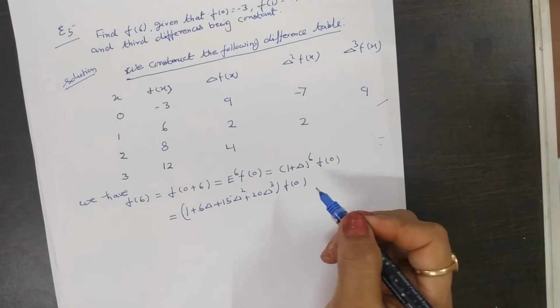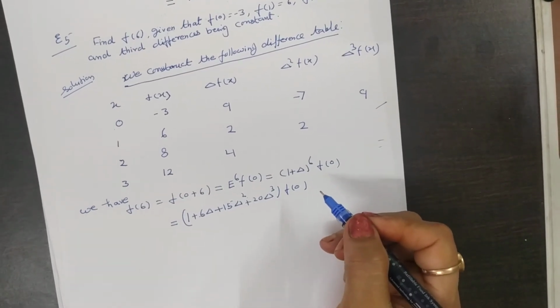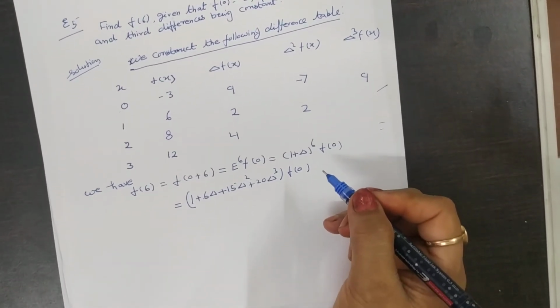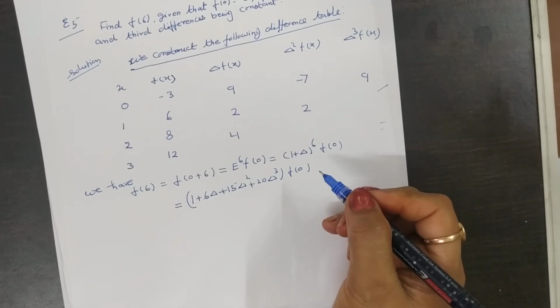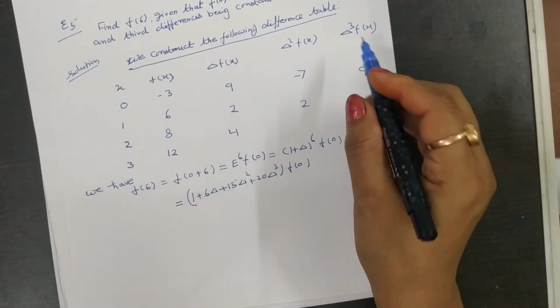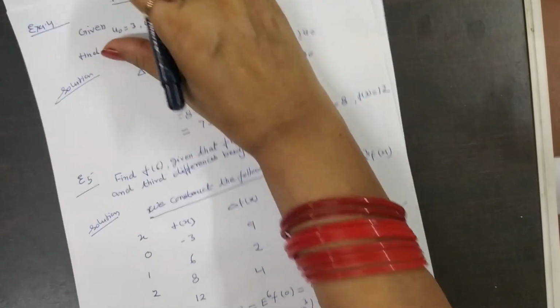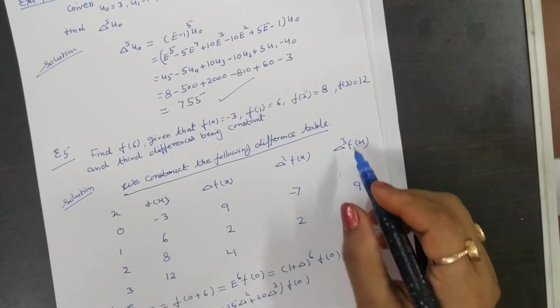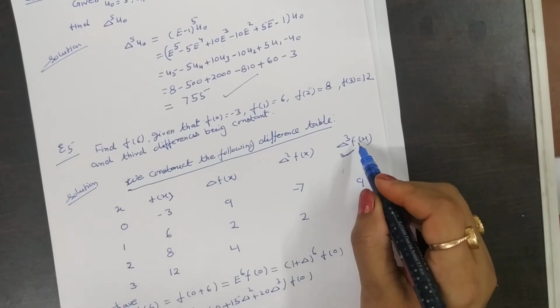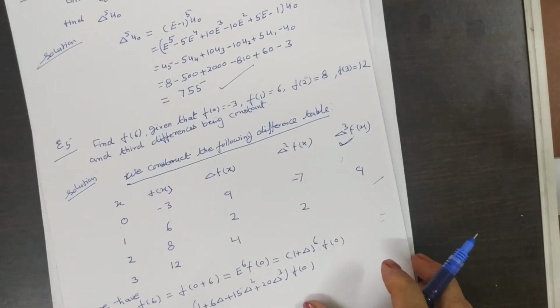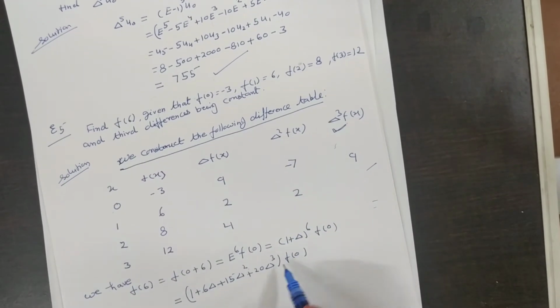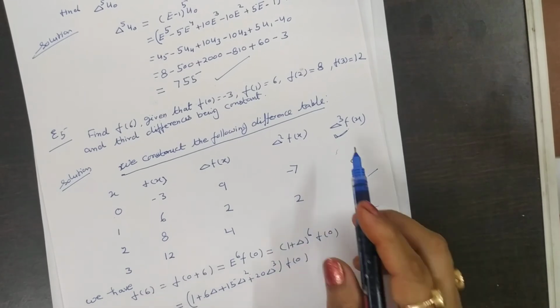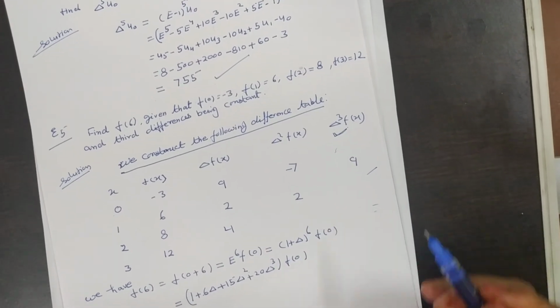And the higher differences we neglect, because here you see that the differences go only up to this one. So higher differences are zero, because if you get delta 4, there is no term.